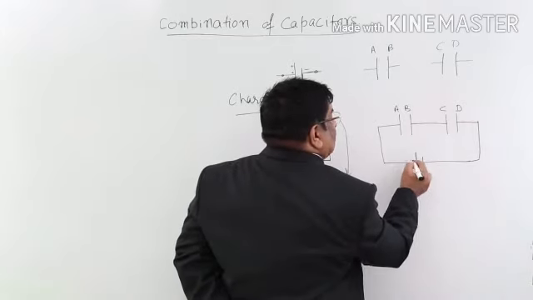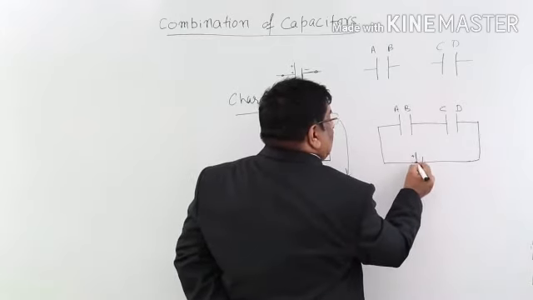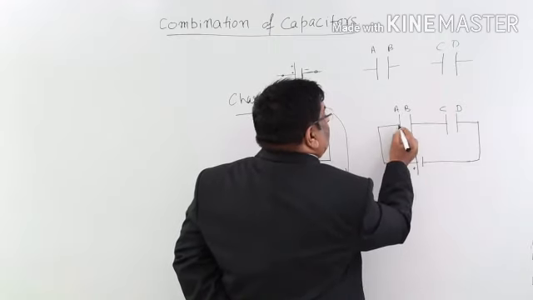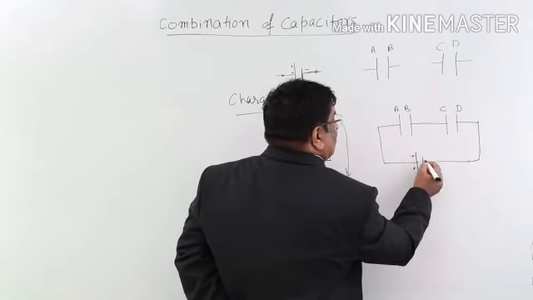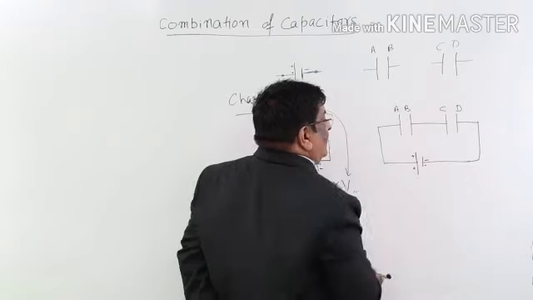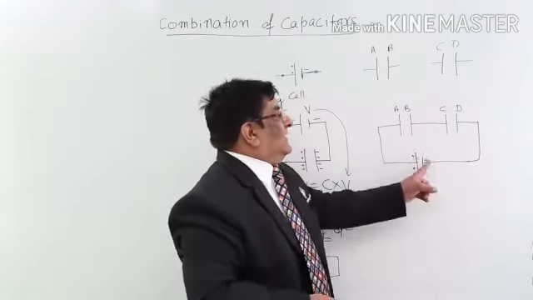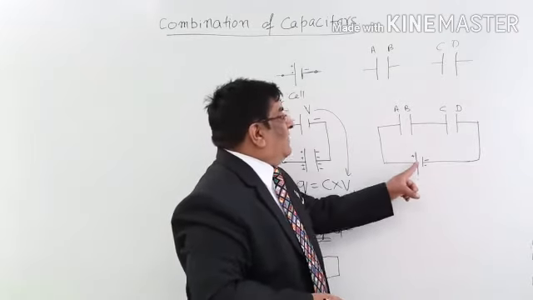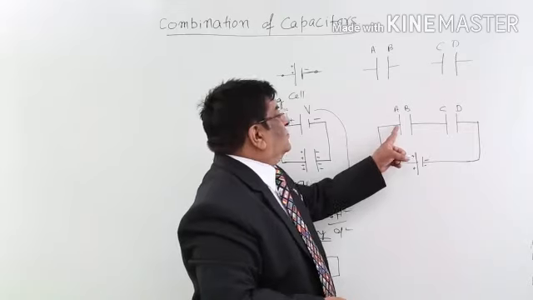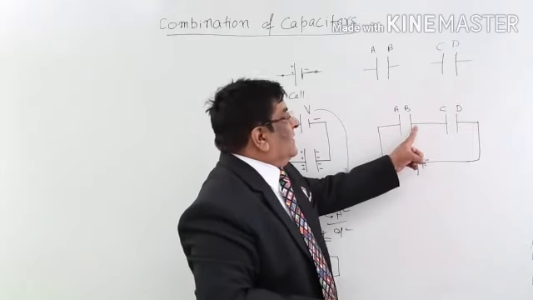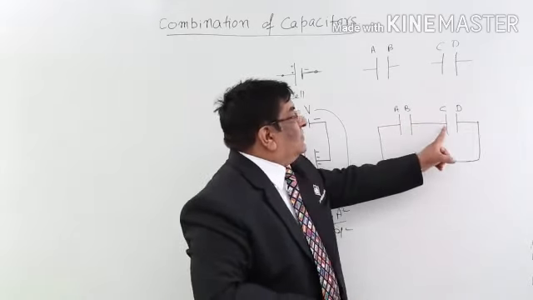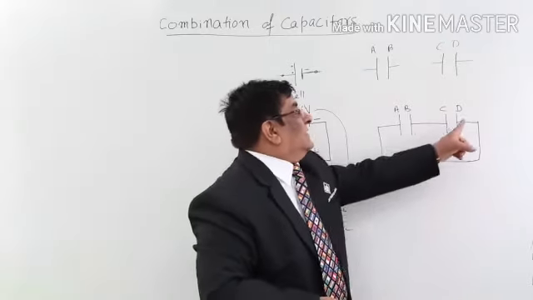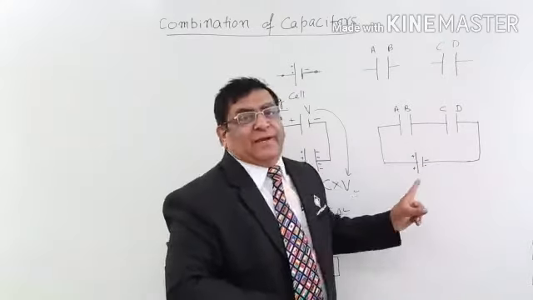So when the positive charges go from here, they go up to this place. Now this battery is positive and this is negative. If I want to go from plus to minus, what is the path I have? I have to pass through this capacitor. Then there is no shortcut coming to minus. I also have to pass this capacitor. Then only I can come to minus.